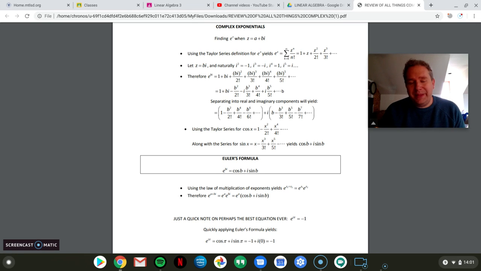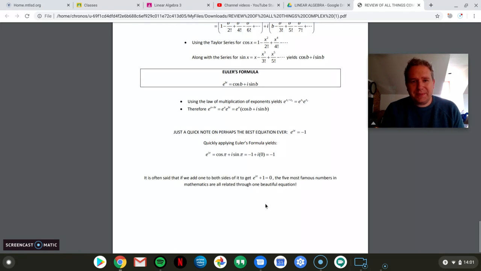And then the last thing that I had down here at the bottom is directly related to everyone's, well, mine at least, favorite equation, e to the i pi plus 1 equals 0. The reason that works is just trigonometry, because the cosine of pi is -1 and the sine of pi is 0.